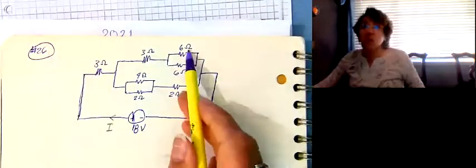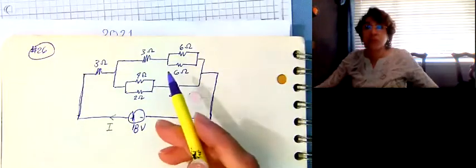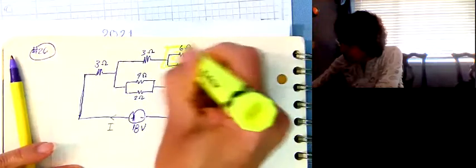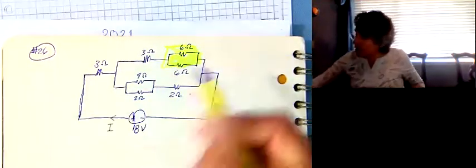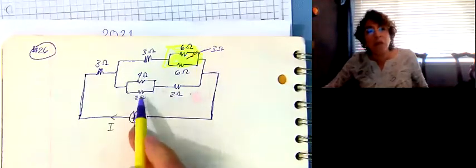So I notice that these two are parallel. Okay, let me go ahead and make a yellow box. So for all intents and purposes, this guy right here is the same thing as a 3 ohm resistor, the parallel group. And oh, I noticed that these two are in parallel also.